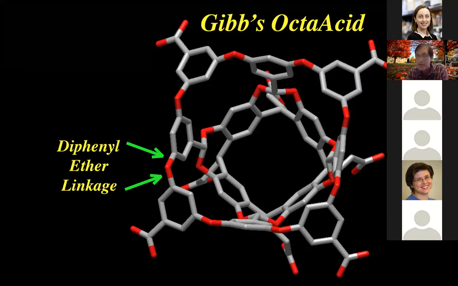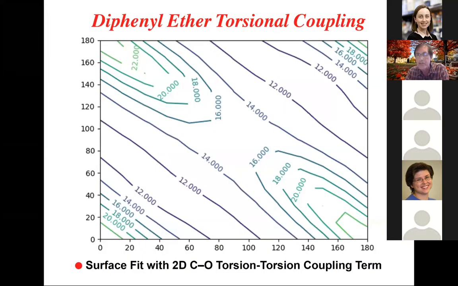Indeed, one of the messages of my talk, as everybody knows, is that you have to get the torsion parameters right. You can have the world's fanciest polarizable force field, and if your torsions aren't right, you will get the wrong answer. So the torsions are necessary but not sufficient. For that diphenyl ether linkage, if you do calculations on just the prototype diphenyl ether molecule, you get a 2D map around those 2 CO bonds that looks something like this.